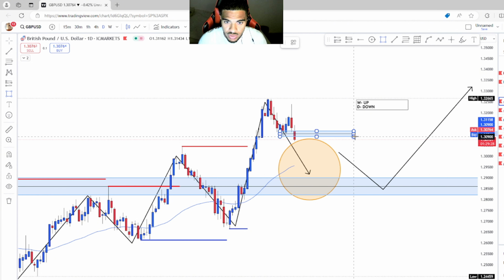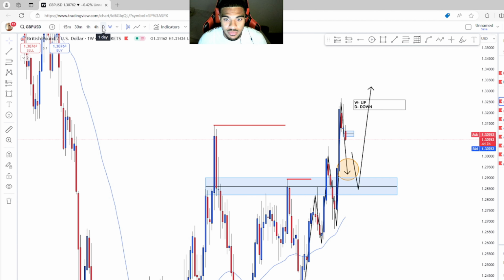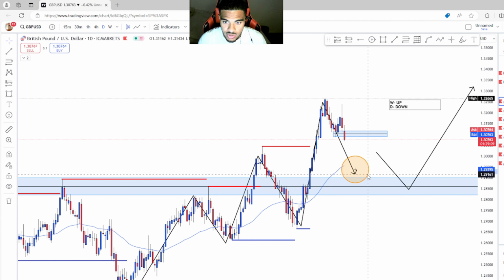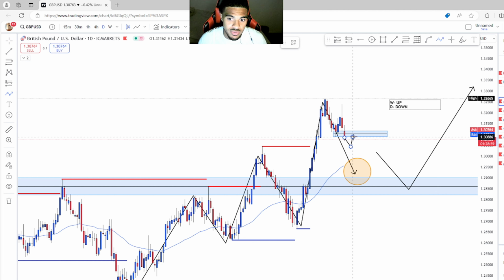Usually I don't like taking counter trend trades, against the trend. At the minute we're trending up on the weekly time frame and trending down on the daily, so we could potentially get in on a counter trend to the downside to this level of interest, try to make it a bit smaller, depending on how it reacts. The reason I wouldn't take it is because I could take a sell here if it comes back up and retests something like this, comes back down, and retests this level.